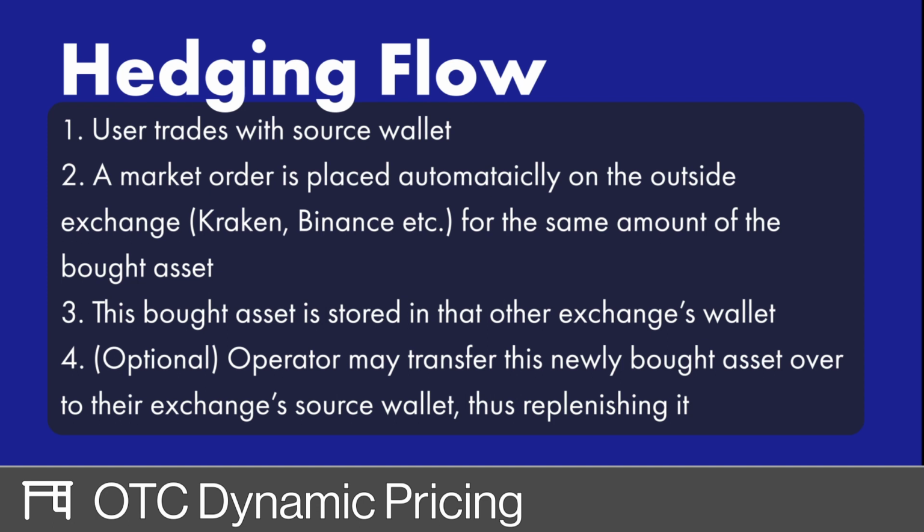Note, this will not transfer to the OTC broker's source wallet for this deal. Instead, it will remain in the Kraken wallet and I can transfer it over myself to restock the source wallet when desired. Now we can see one of the advantages of placing the spread, as I have the exact same amount of Ethereum as before the user made an order, but now have an additional 50 USDT.